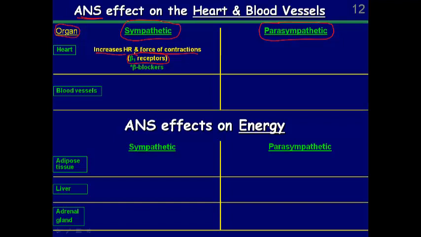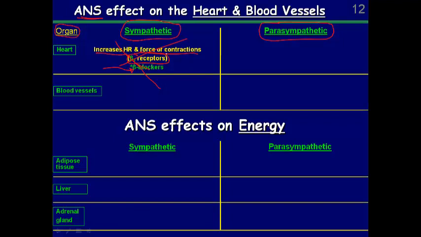Now, this is an important one clinically because we have drugs that are called beta blockers. And beta blockers block this process. So if we were to put a big X through this process, that'll tell you what beta blockers do. They don't increase the heart rate, they decrease the heart rate.